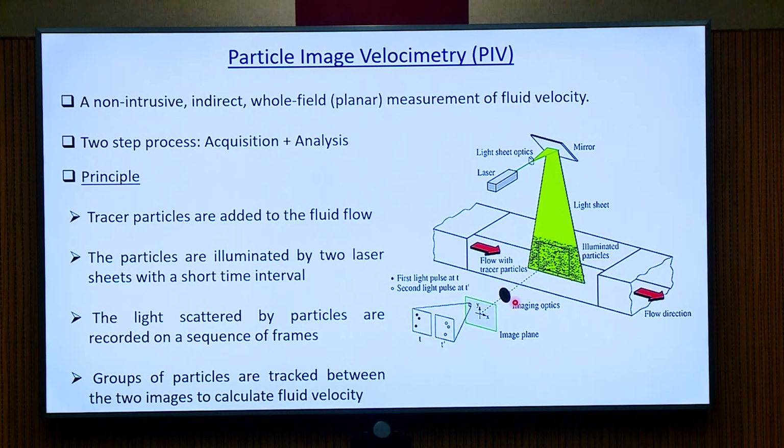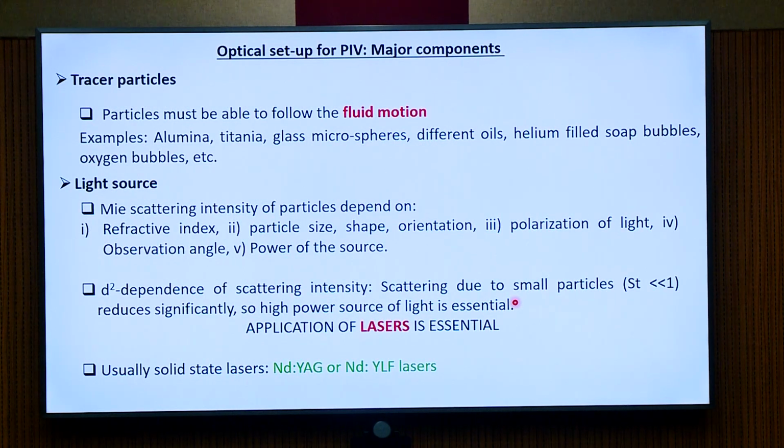Okay, so first, tracer particles. So as I said, the particles must be able to follow the fluid motion. So how do you ensure that the particles you are adding follow the fluid motion? Now, when we talk about turbulent flows, what is fluid motion? Are we talking about the mean? Or are we talking about the turbulent eddies?